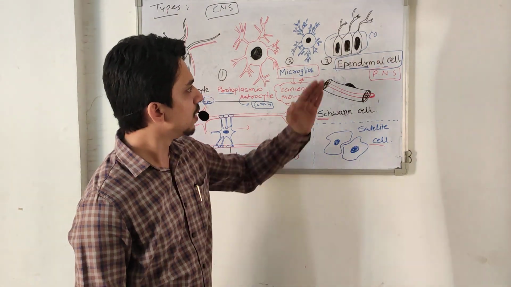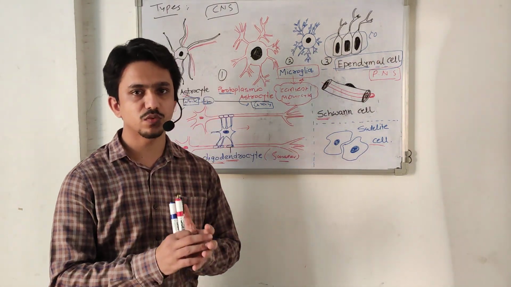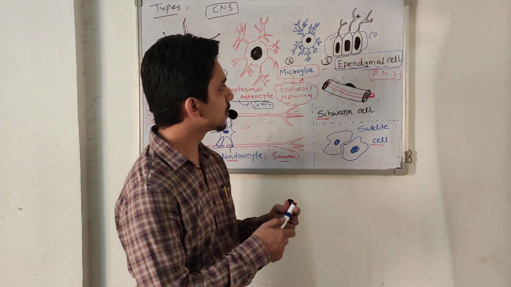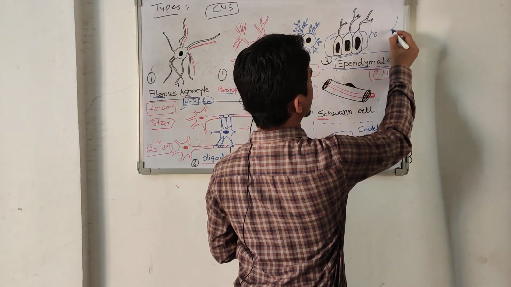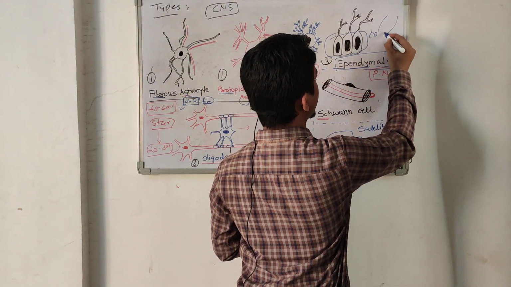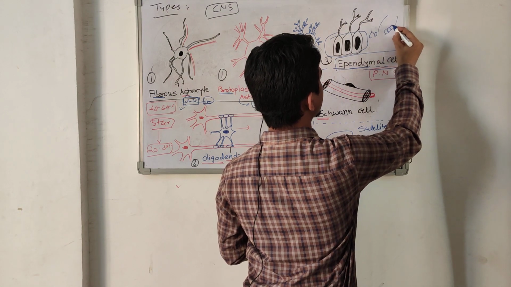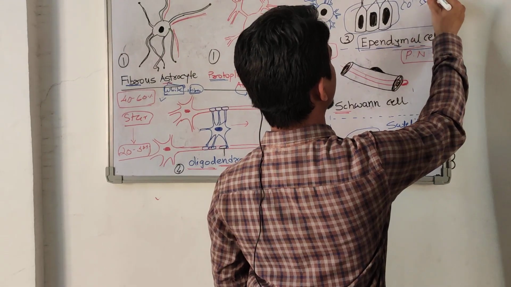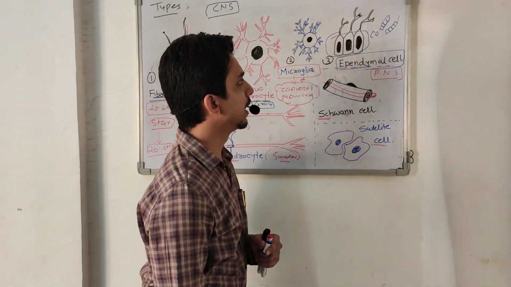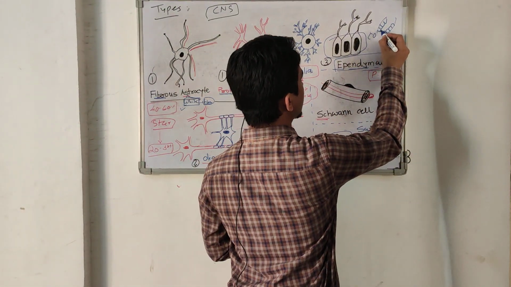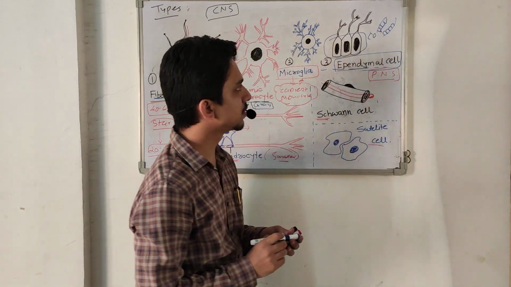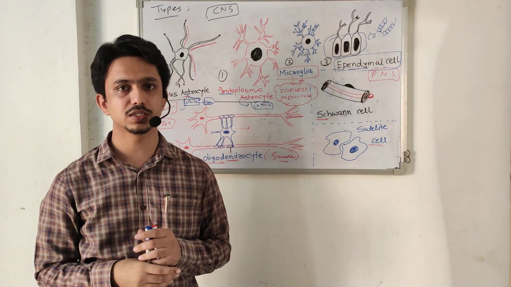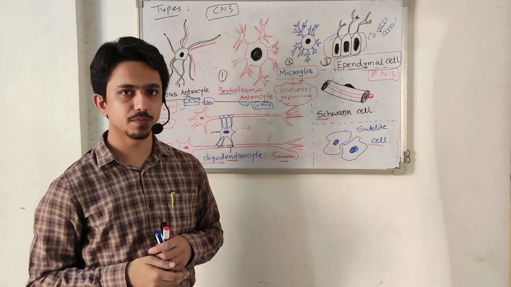So suppose this is a ventricle. The ependymal cells form a single layer network on the floor of the ventricle, and they have cilia and microvilli. They are moving.